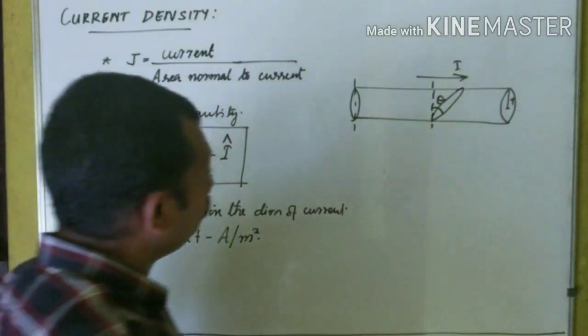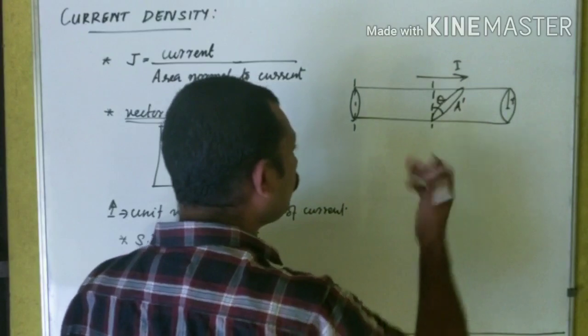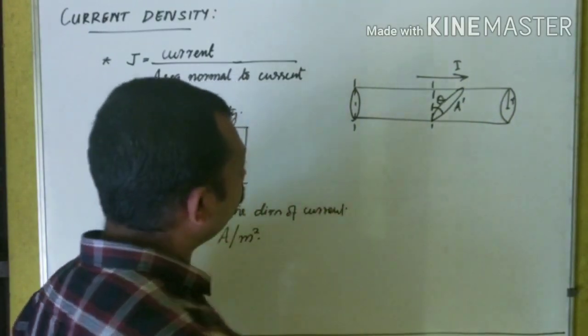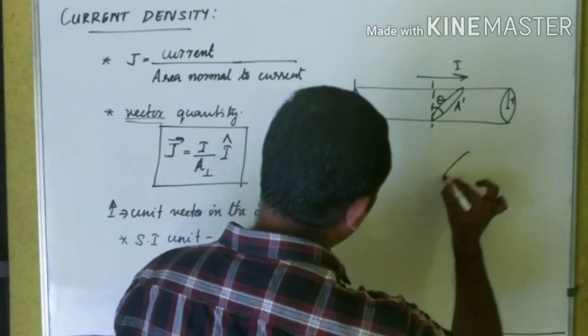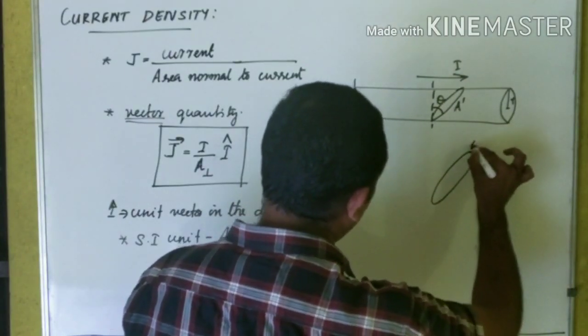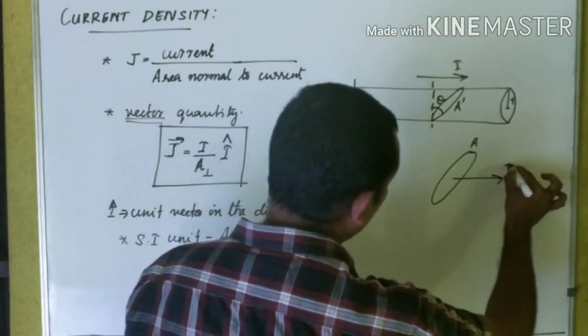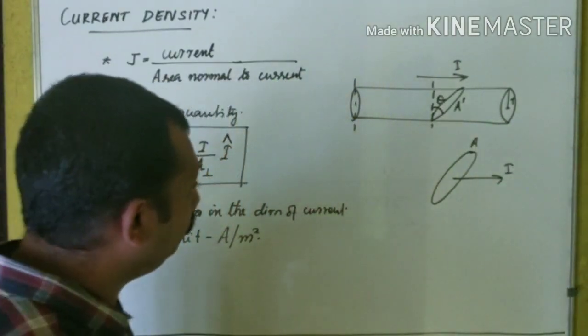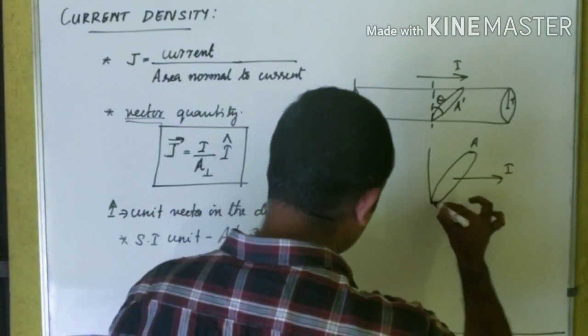Let this area be A dash. Now let's take that part into consideration. As from the figure we can see, this is the direction of electric current I, and this is the area normal to it.